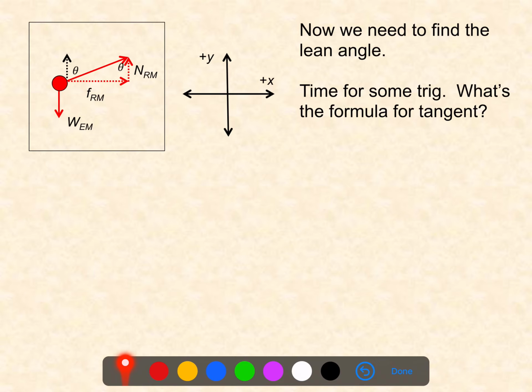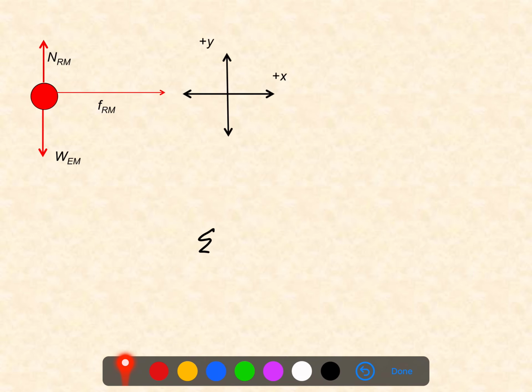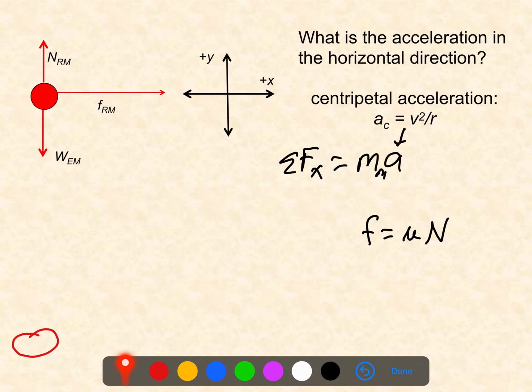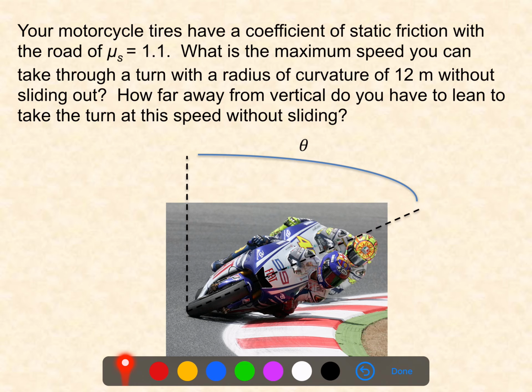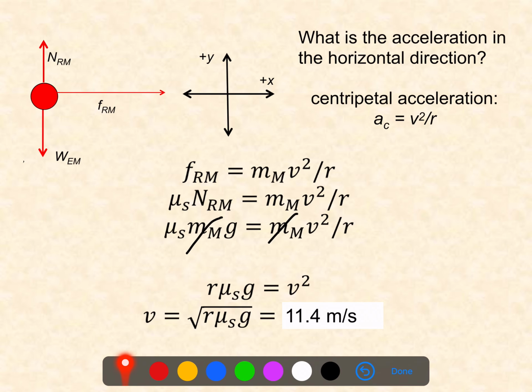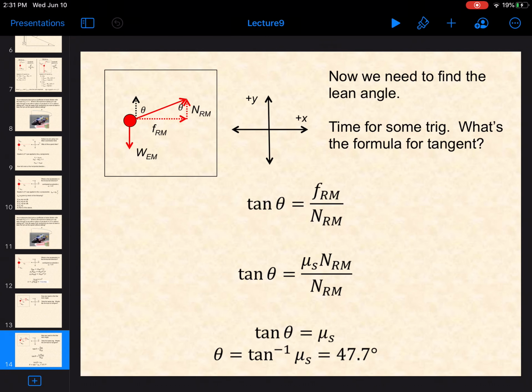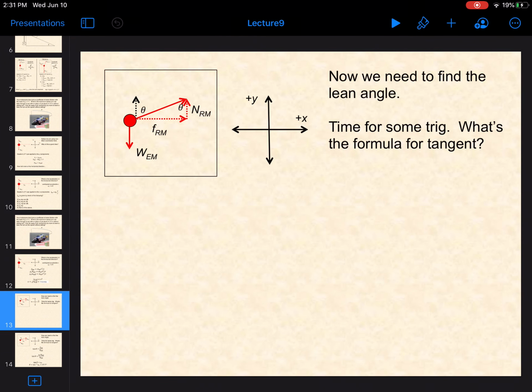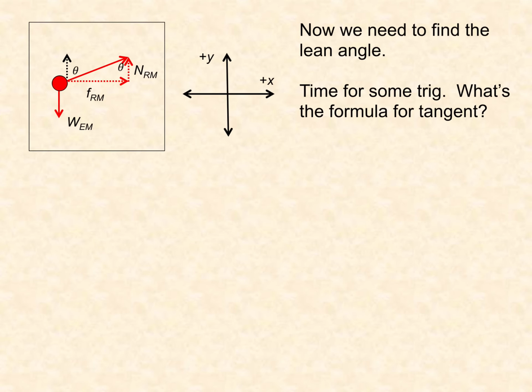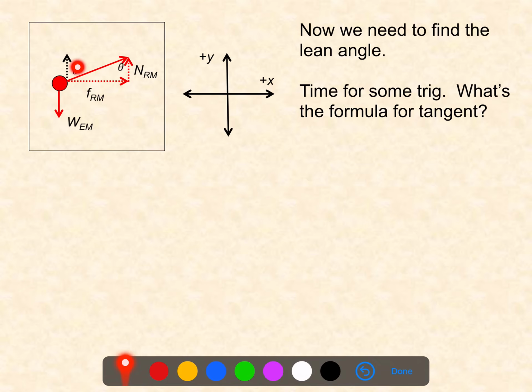Notice from the picture that theta is measured with respect to the vertical. This is different from our inclined plane problems, where we measured theta with respect to the horizontal. So let's bear that in mind. The lean angle is measured with respect to the vertical.